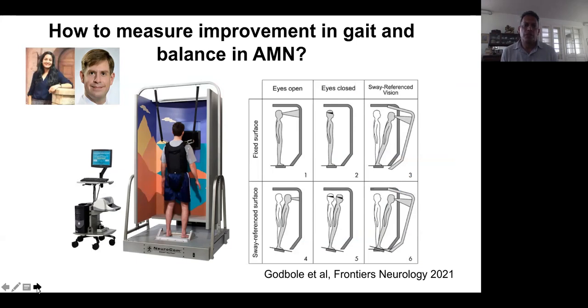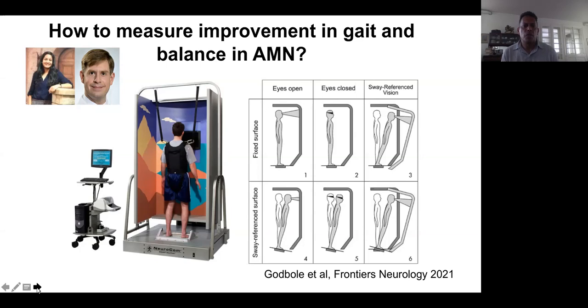And we've been able to study that in a certain kind of lab called a vestibular lab. That's really a lab dedicated to balance problems and patients who experience dizziness. And we've been able to use those exact tools that are employed for patients who have dizziness to serve AMN patients.